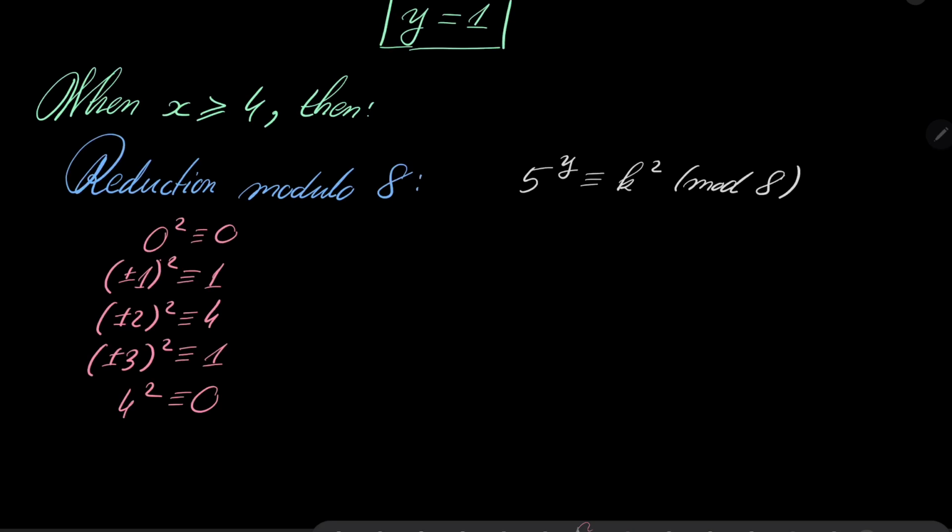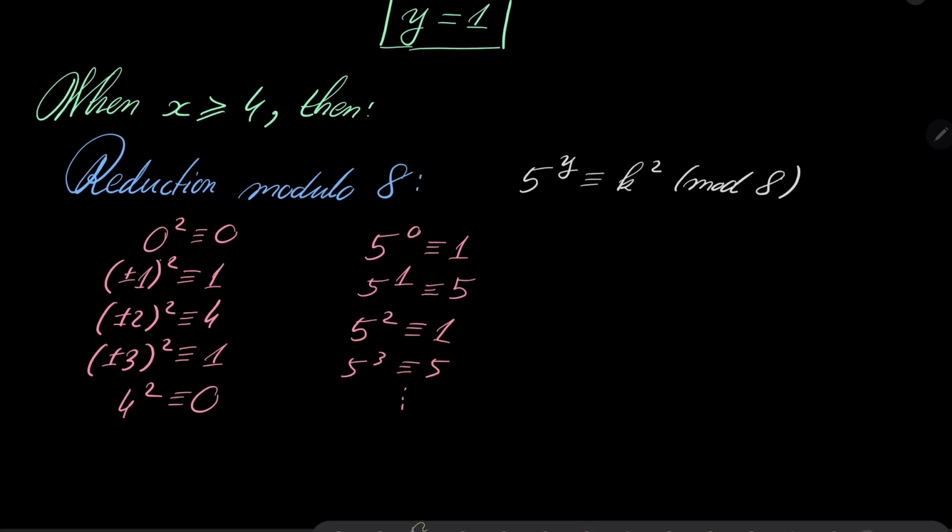And what about 5 to the power of y? Notice that 5 to the power of 0 is 1, 5 to the first power is congruent to 5, and then we have a repetition, because 5 squared is 25, but 25 is congruent to 1 once again, and we have a repetition.